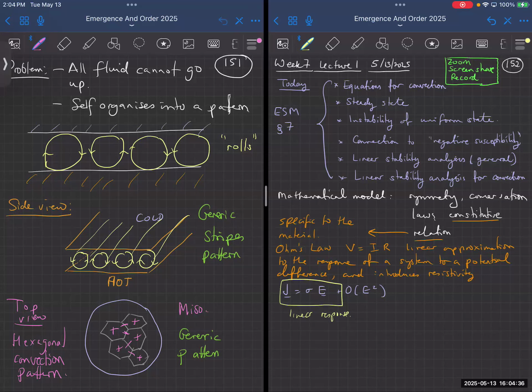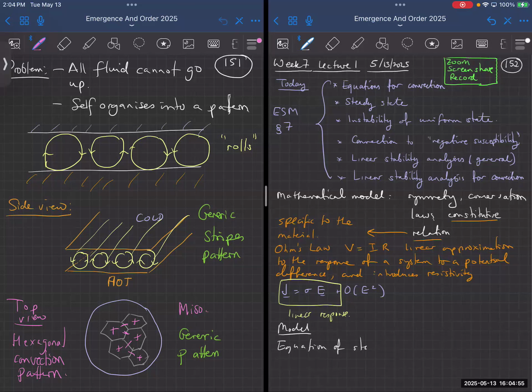So the way we're going to build this is we're going to try to model all the ingredients of convection. The first part of our model is the equation of state. Our equation of state for the fluid tells you, in this particular case, how the density of the fluid depends on temperature.